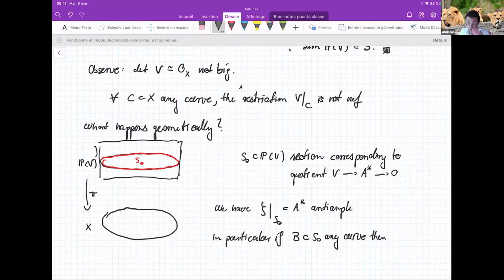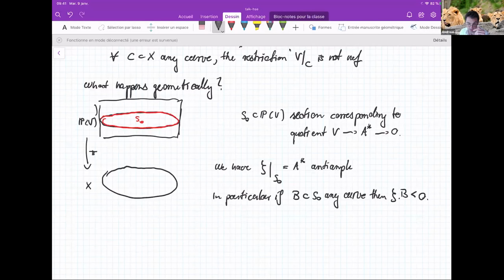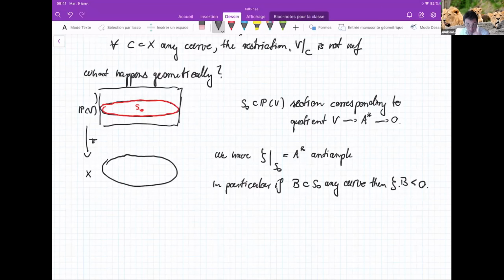Here you see why I think that this section is important, because certainly it contains many curves on which my tautological class, which I know is big, I just computed that it's a big divisor, but if I look at what happens on S0, then it's not good. There I get negative intersection numbers.